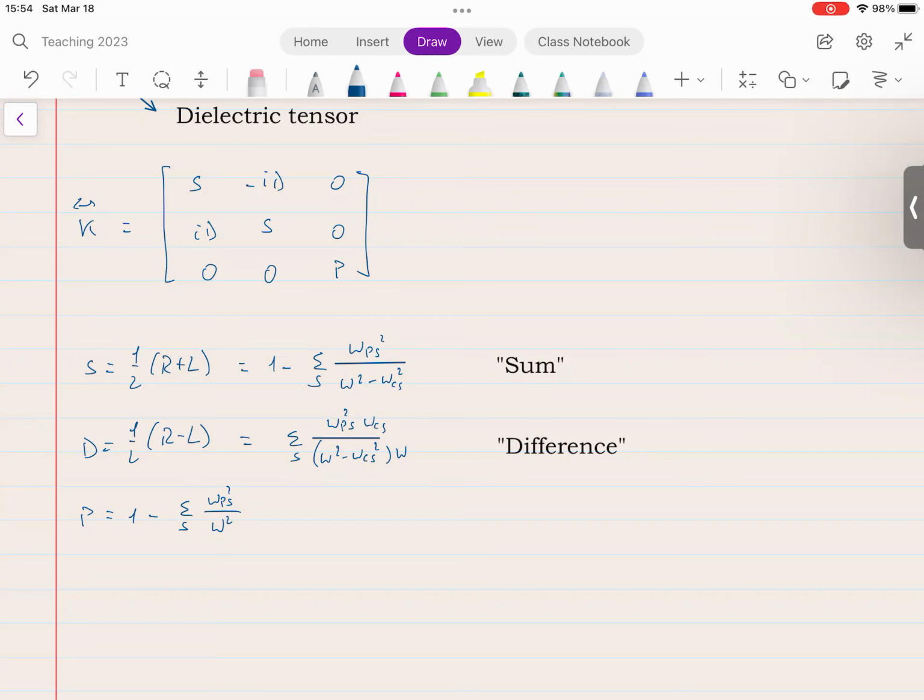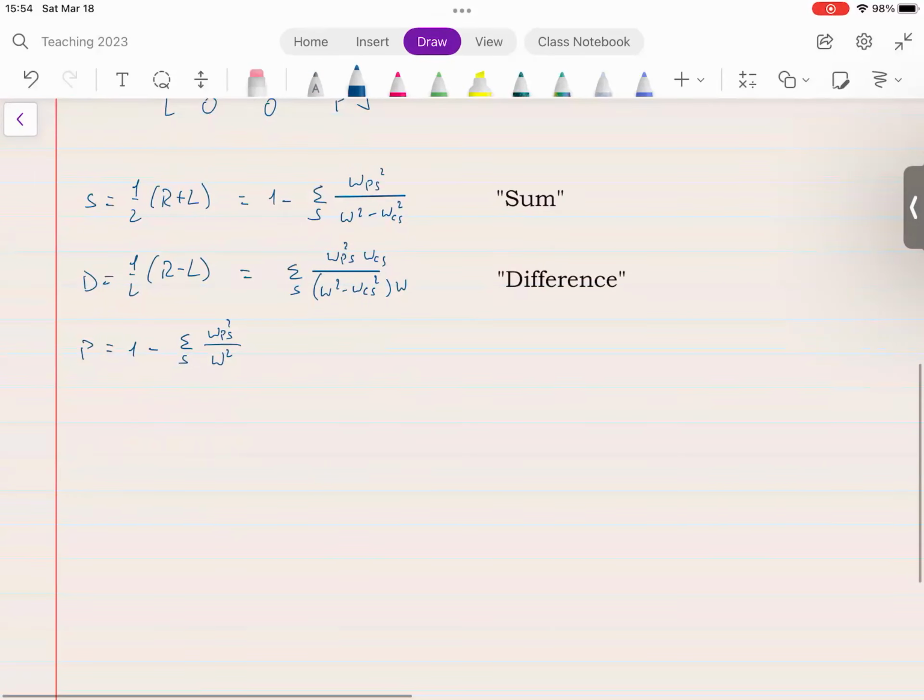Those are defined as follows. R is 1 minus the sum over S of omega PS squared divided by omega times omega minus, I'm sorry, plus, this is the right one.